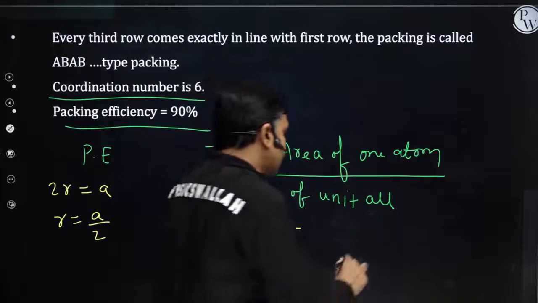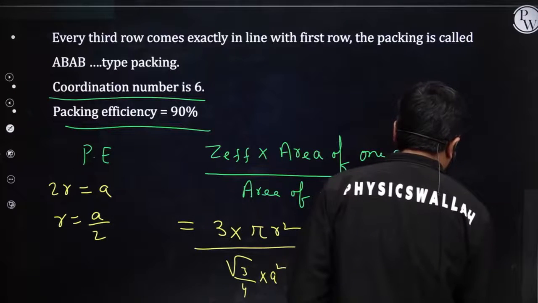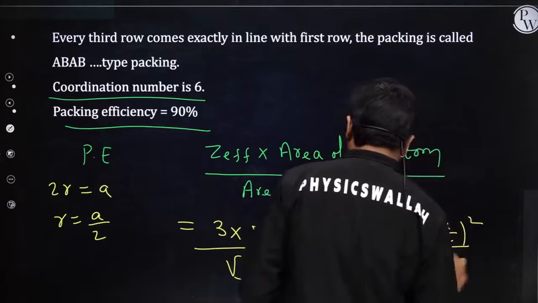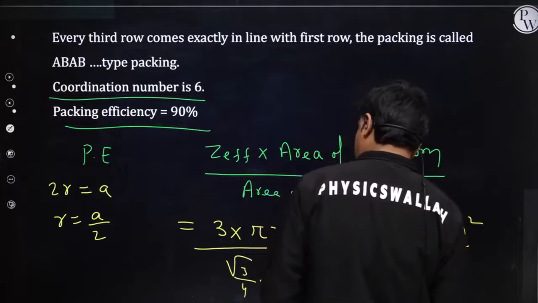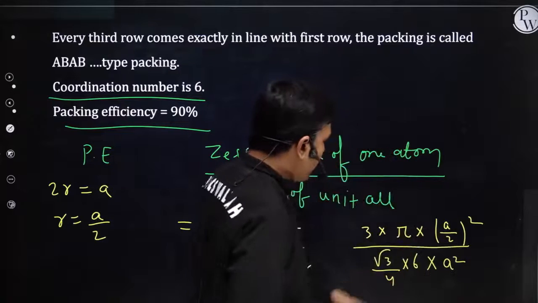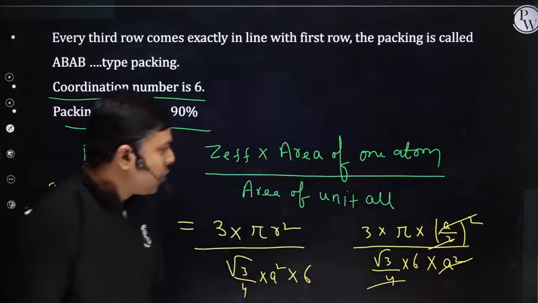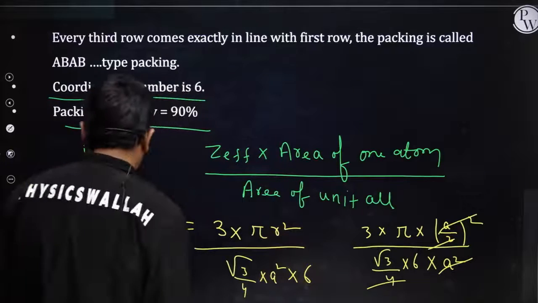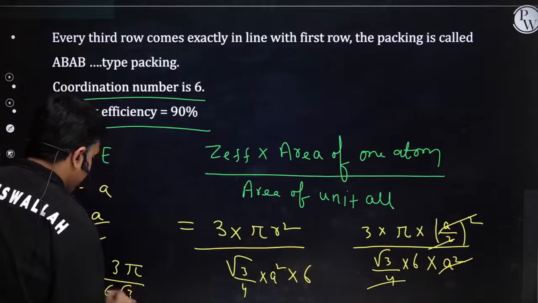Now, it's 3 into pi into A by 2 whole square upon root 3 by 4 into 6 into A square. Upon 4, these terms will cancel. A square will cancel. So it's basically 3 pi upon 6 root 3, right?